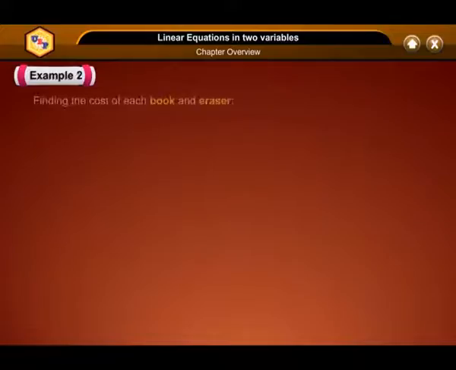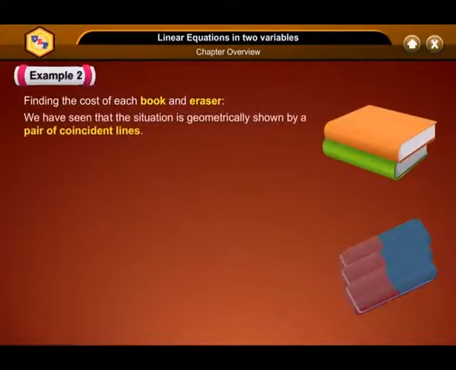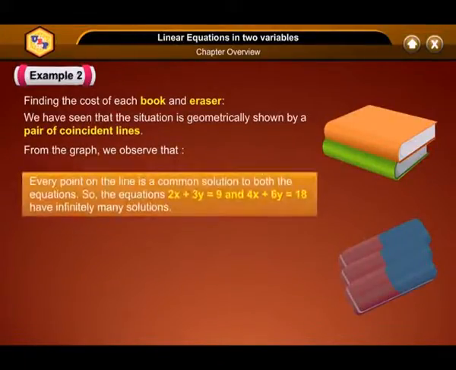Example 2. Find the cost of each book and eraser. We have seen that the situation is geometrically shown by a pair of coincident lines. From the graph, we observe that every point on the line is a common solution to both the equations.